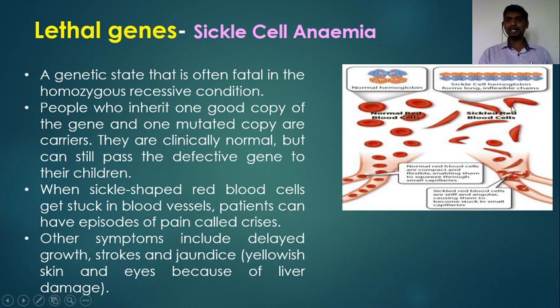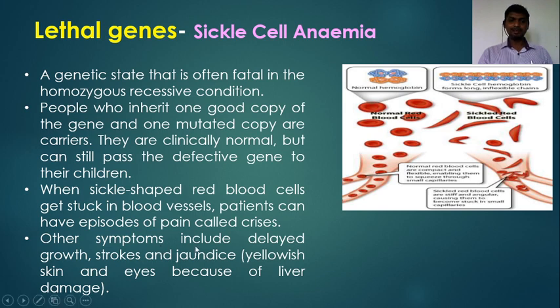Sickle shape means the shape of a sickle, or an axe. These sickle shaped blood cells are formed in individuals that possess the homozygous recessive condition.